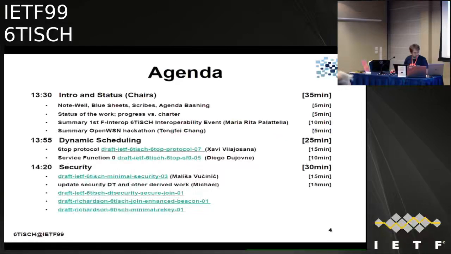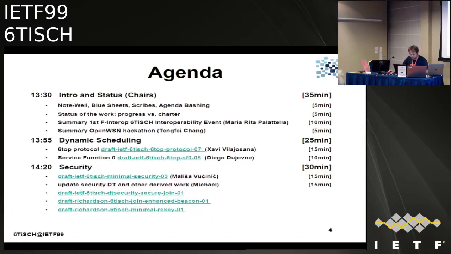So we'll go through the agenda. We've got quite a full agenda today. We will be giving a summary of the F-Interop test, which happened Friday and Saturday, and the hackathon activity as well. Then we'll go through the almost complete items which relate to scheduling: the scheduling function 0 and the 6top protocol.